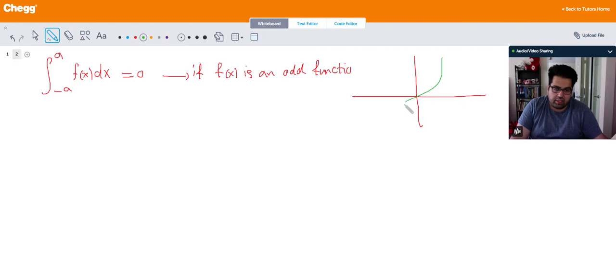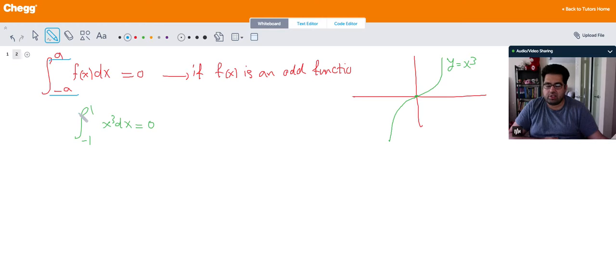Whatever you have on one side, you have the same thing flipped with respect to the origin, like the function y equals x cubed. For example, the integral from negative 1 to 1 of x cubed dx, without calculating, you can say is equal to 0. Whenever the lower and upper bounds are the same but opposite and the function is odd, you can say the result of the integration is 0.